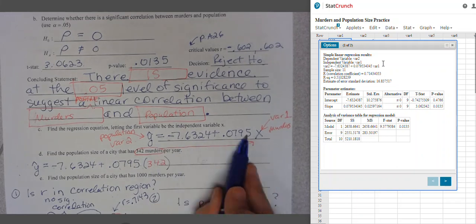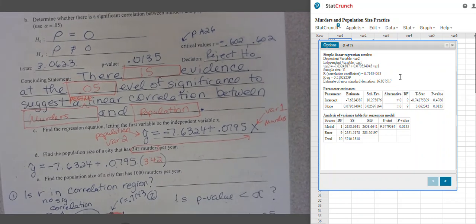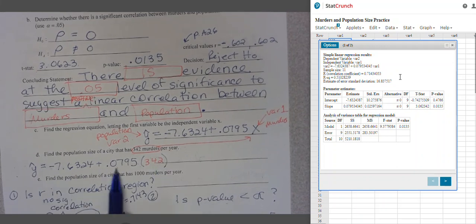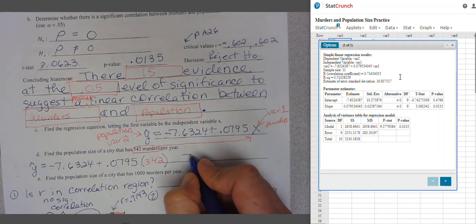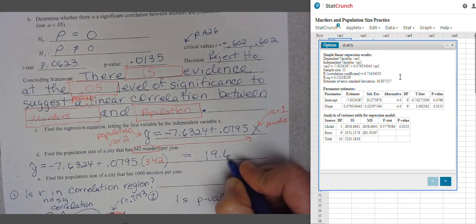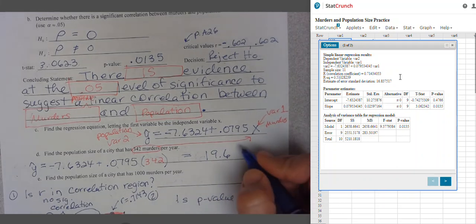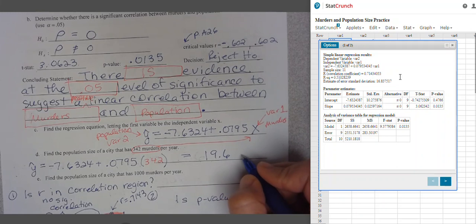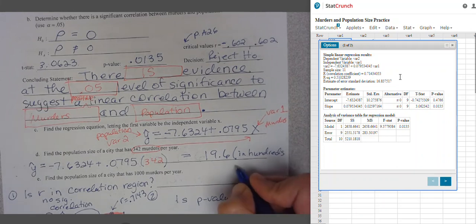And again, this comes straight from StatCrunch, from this right here. When you do this math on this side, that's going to be equal to 19.6, so this is a population of 19.6, in hundreds of thousands.